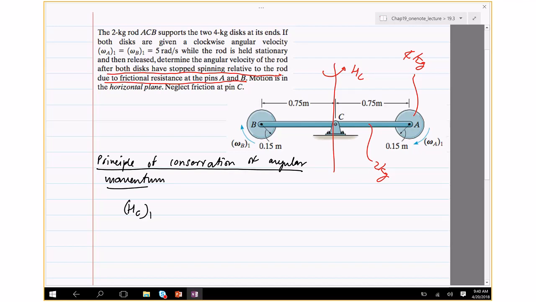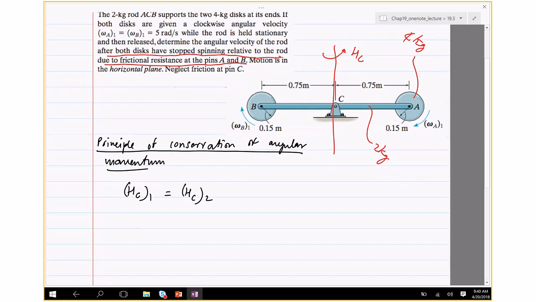HC initially equals HC final. So I1 omega 1 equals I2 omega 2. Well, really this is a summation, because there are 3 masses.